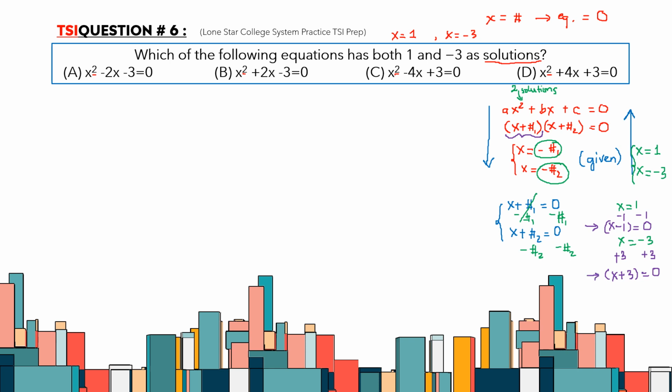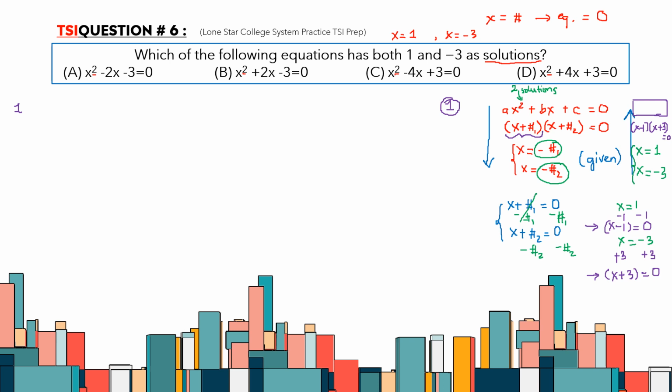Now I go up this step: I have x minus 1 times x plus 3 equals 0. Now I can expand it to get the equation, or distribute. Let's do that, and I call this the first method.